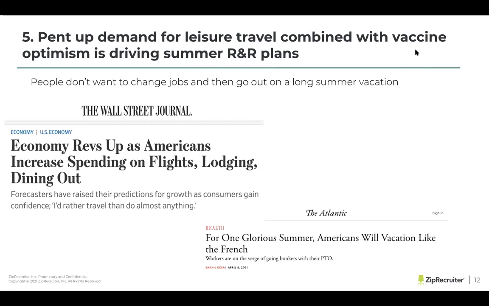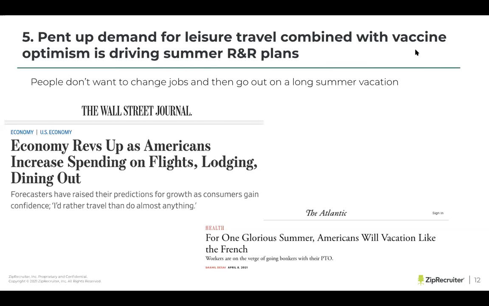As well, there's pent-up demand for leisure travel, combined with optimism, driving this summer's plans. So people are looking to get out. In fact, we just saw numbers reported yesterday that airlines are seeing the highest rate of full flights that they've seen since the pandemic, which is fantastic to hear.